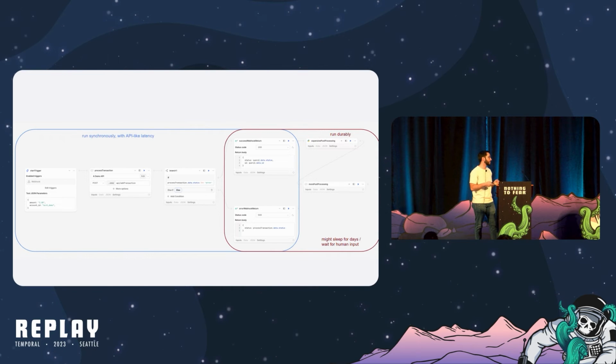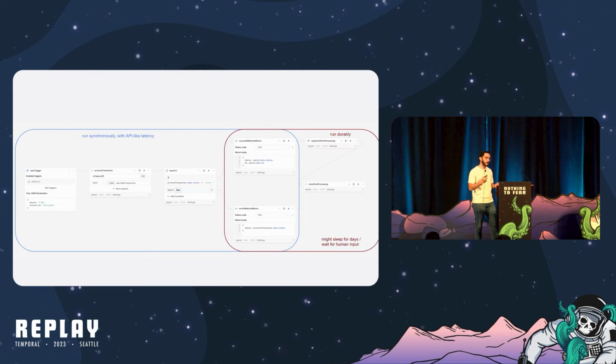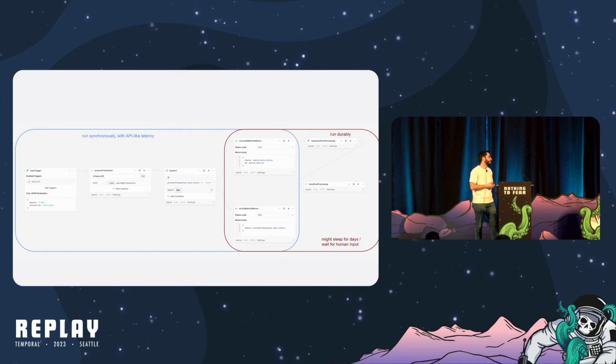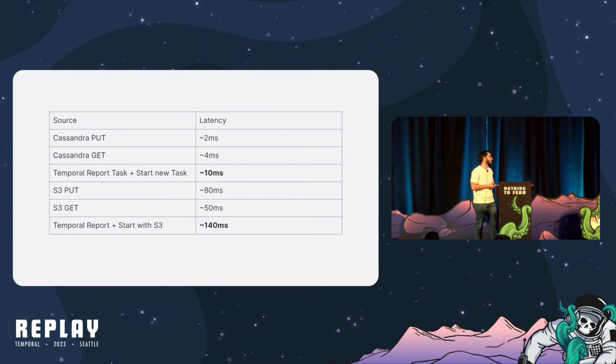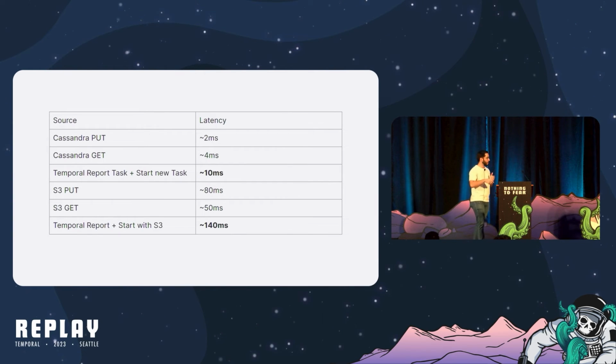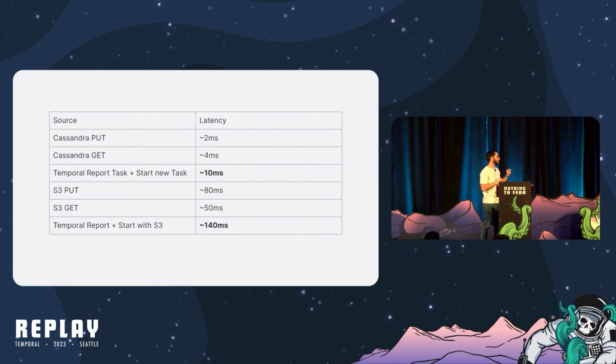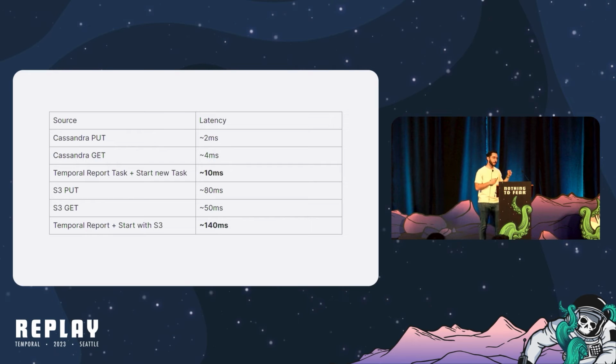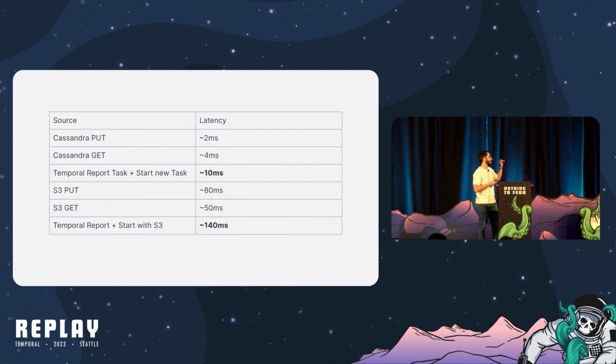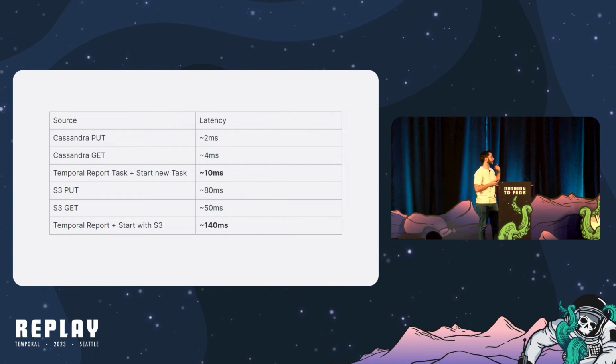And so we had to dig in. We used interceptors to get some more metrics and tracing, and we found out that the biggest issue was the persistence store. So for context, we self-host our own Temporal cluster. We use Cassandra as the persistence layer. And we dug in and saw where we were accruing latency.